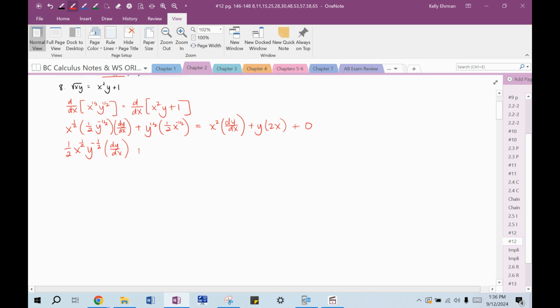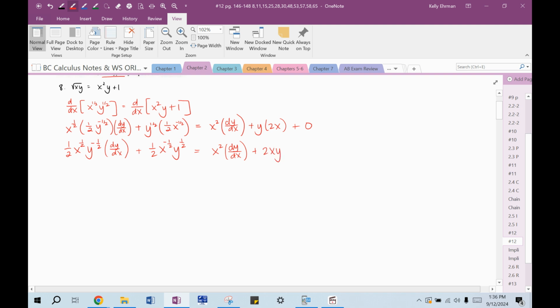And then this would be plus 1/2, x to the negative 1/2, y to the 1/2. And there's not a lot to clean up here. Equals x squared dy dx. Just make this plus 2xy, and I don't need the plus 0 anymore.